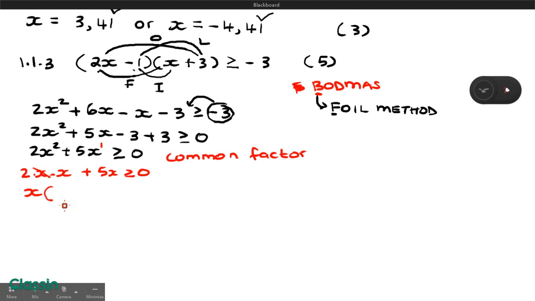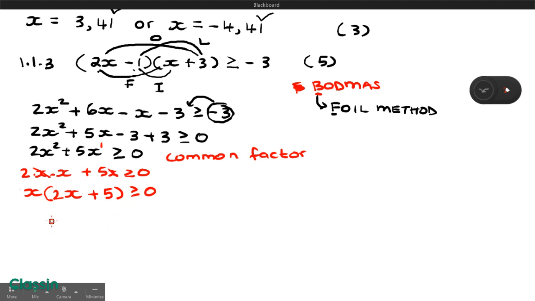How many x's are left? I'm left with 2 and 1x. So if I took 1x from this and I take 1x from that, I'm going to be left with x out. Therefore, I'm going to be left with 5, which now is going to be greater or equal to 0.